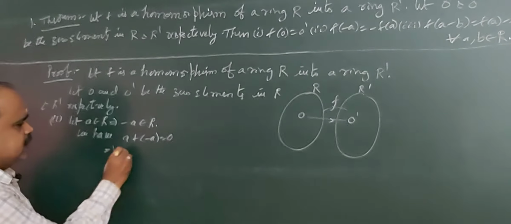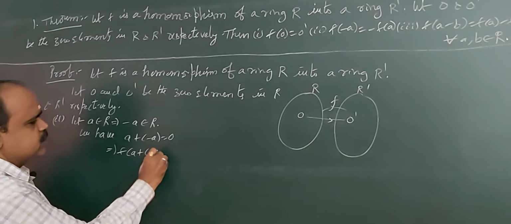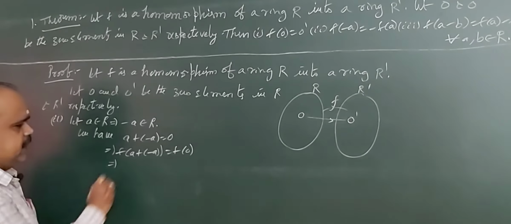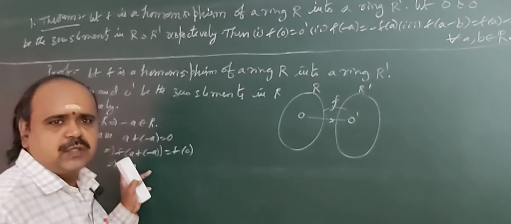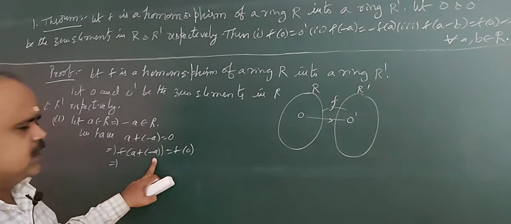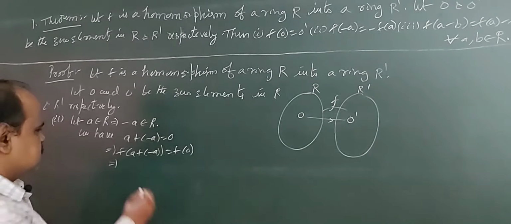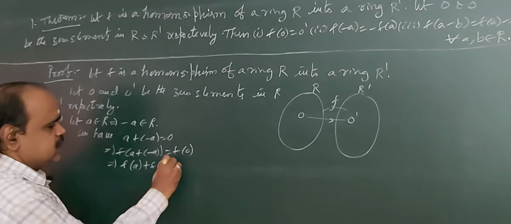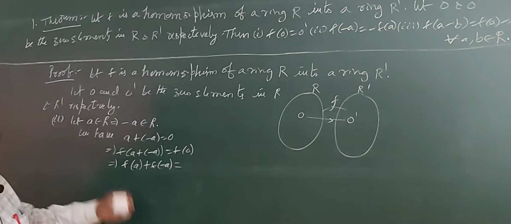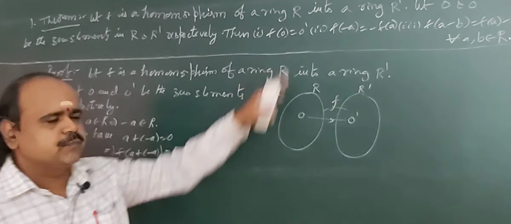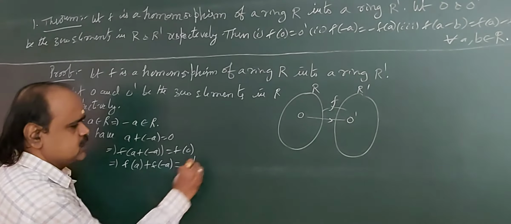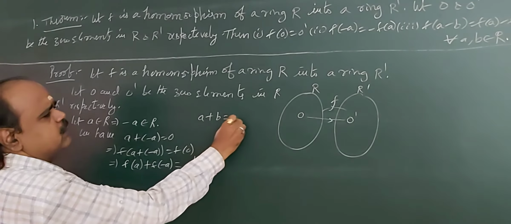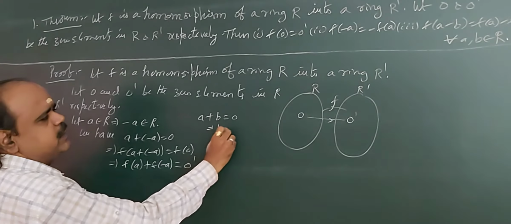Take the function on both sides: f of a plus minus a equals f of 0. Since f is a homomorphism, split it as f of a plus b equals f of a plus f of b. So we get f of a plus f of minus a equals f of 0, which equals 0 dash, just as we proved. Okay, so f of 0 equals 0 dash. Now, if we have a plus b equal to 0, then what is the value of b?